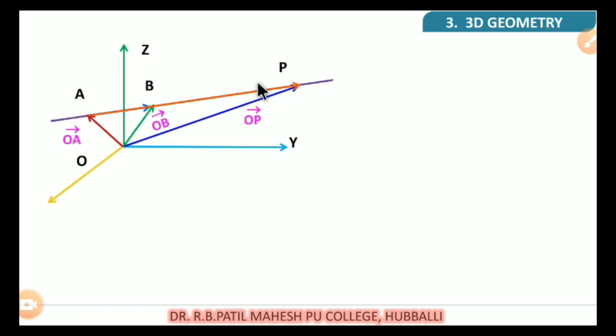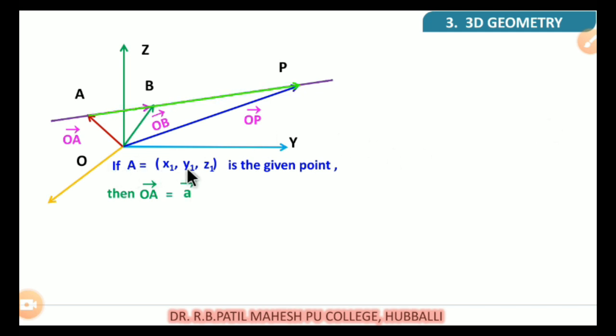Now, consider a line in space again, because we are going to derive the Cartesian form also. Again the same diagram, where AP is parallel to the other vector AB. Point A has the coordinates x1, y1, z1 and the point B has the coordinates x2, y2, z2.